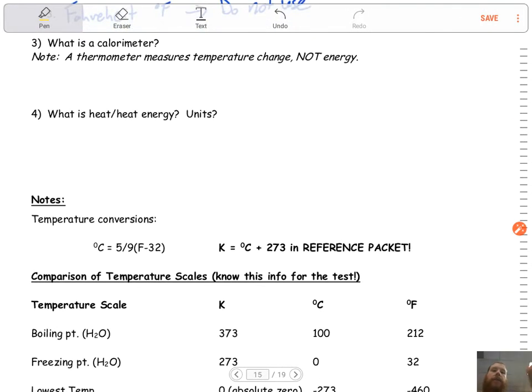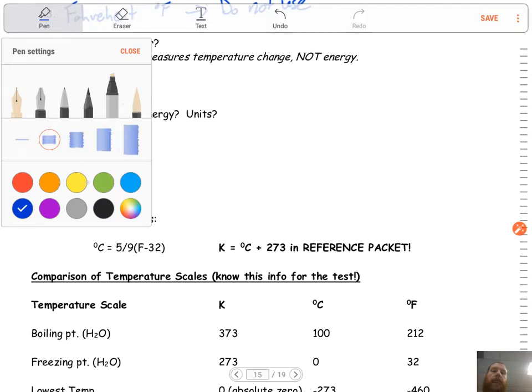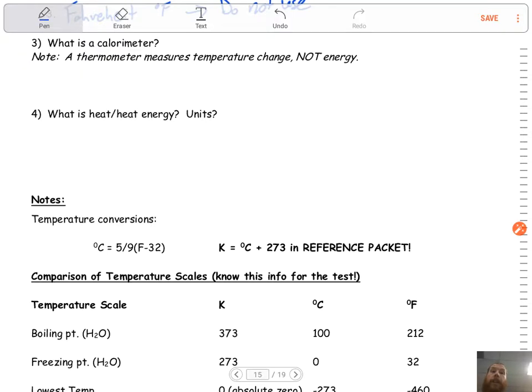A calorimeter. This is something you are going to be using in lab if you haven't already used it by the time you're watching this video. This is just an apparatus that is used to measure the amount of heat involved in a chemical reaction or other processes. So I'm going to summarize that definition right here.